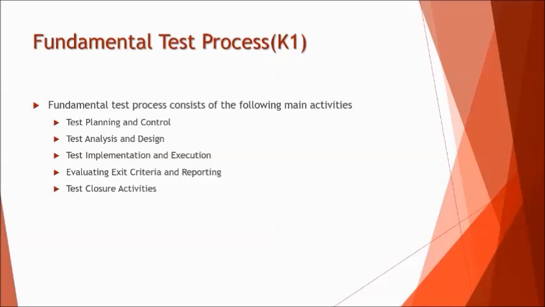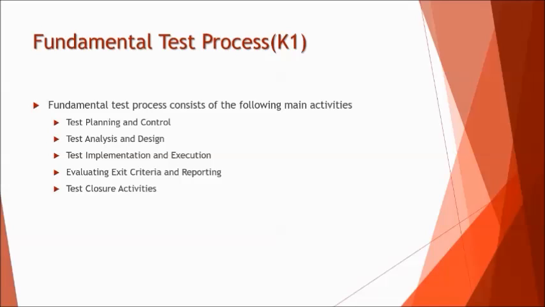ISTQB says that these activities are put together to a certain extent, which is basically to conduct these activities in a parallel mode. When we say the term parallel, it basically means that as test planning is going on, alternatively or parallelly we prepare the control actions for each planned activity.